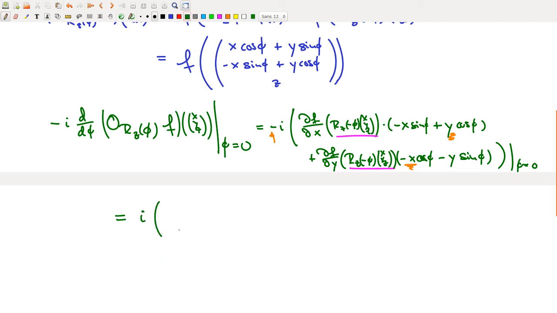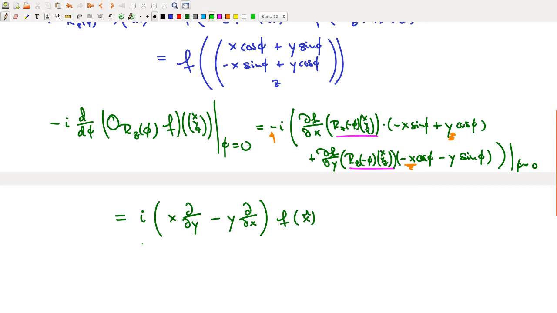So I have i, and now I want to write this as x d/dy, that's from the second line, minus y d/dx. And the whole thing, written as a differential operator, acting on f of x.